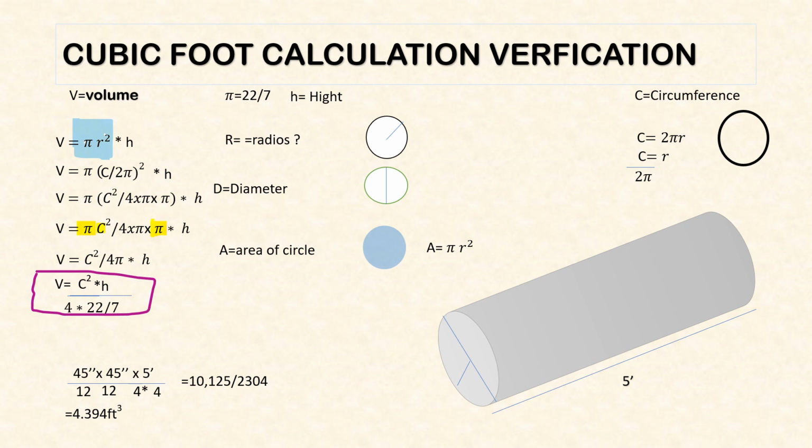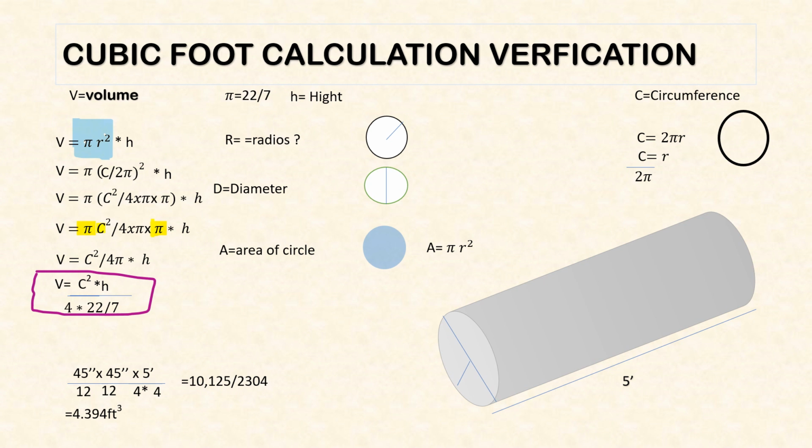Again in the fourth line, you can see the expanded formula. We have written πC squared over 4 into π into π into H. Now, as per the mathematical principles, the same numbers we can set off.